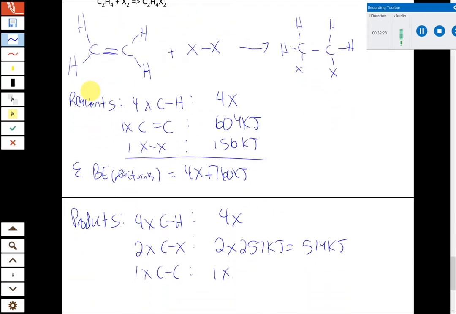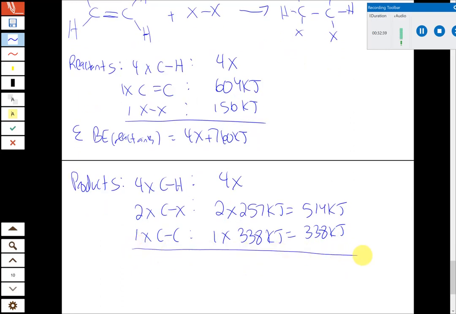All right, so a lot of different bond energies in this question to keep straight. And then we have one that we don't know, which is CH. So when we add up on the product side, the sum of the bond energies is going to be 4x, which is 4 times the bond energy of CH that we didn't know, plus 852.